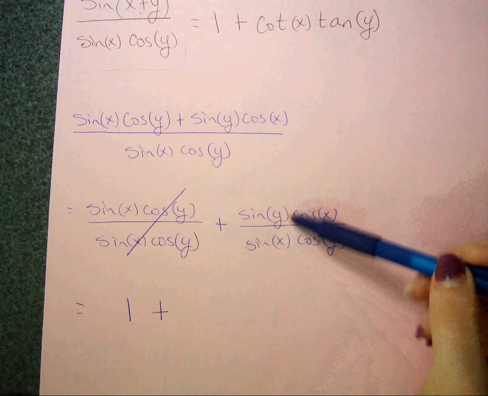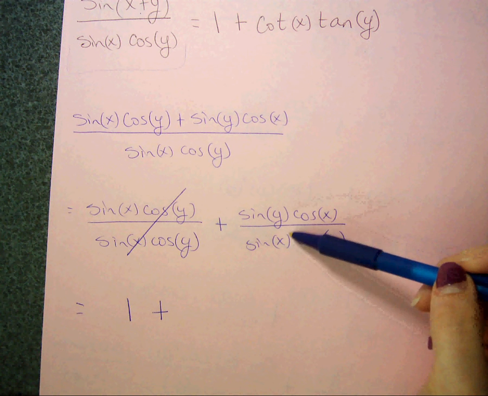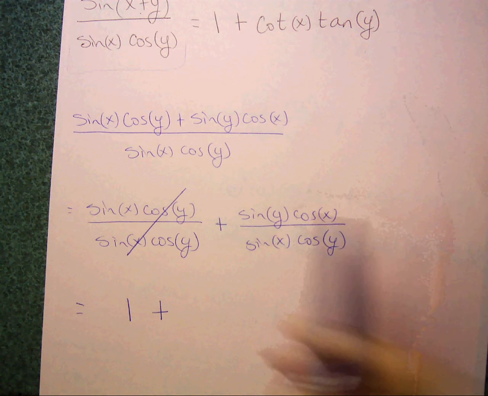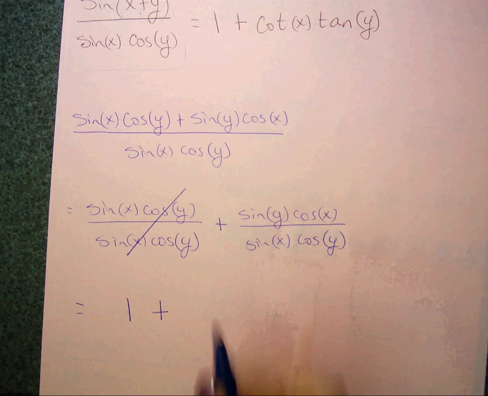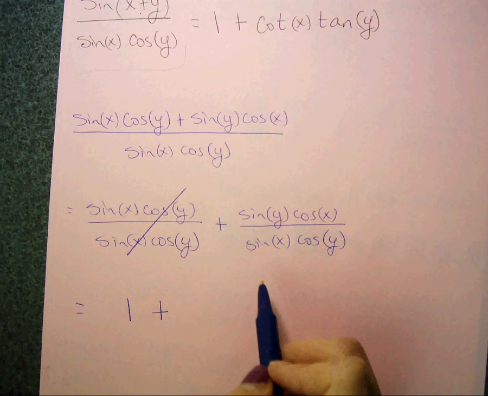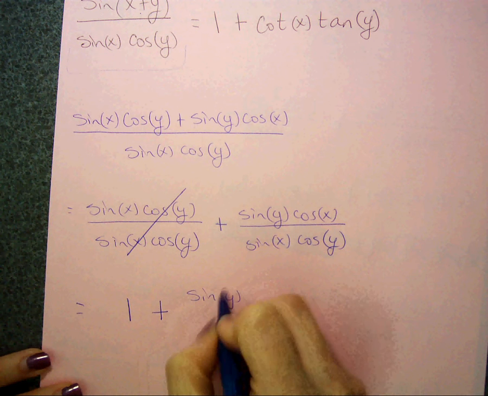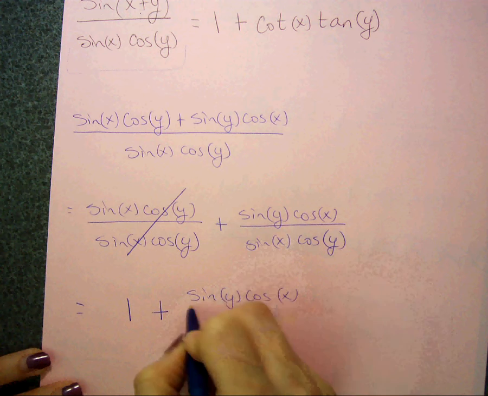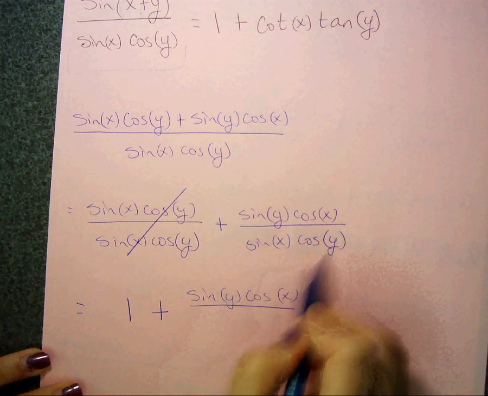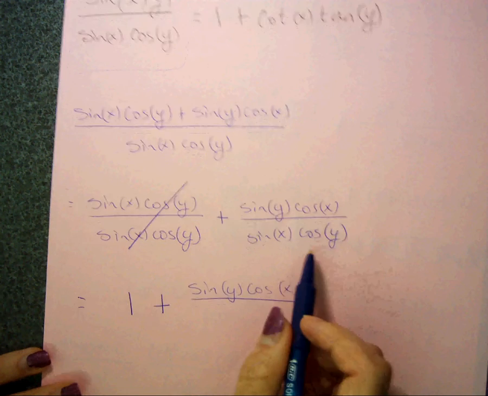Inside my parentheses, my argument is different, so these don't just cancel out, but if you manipulate this, rewrite it, with the arguments being the same on top of each other. So sine y cosine x over, I'm going to switch these two so the arguments are the same.